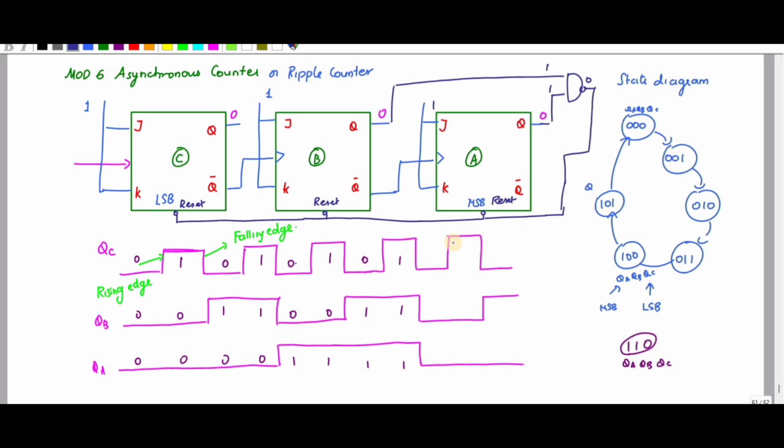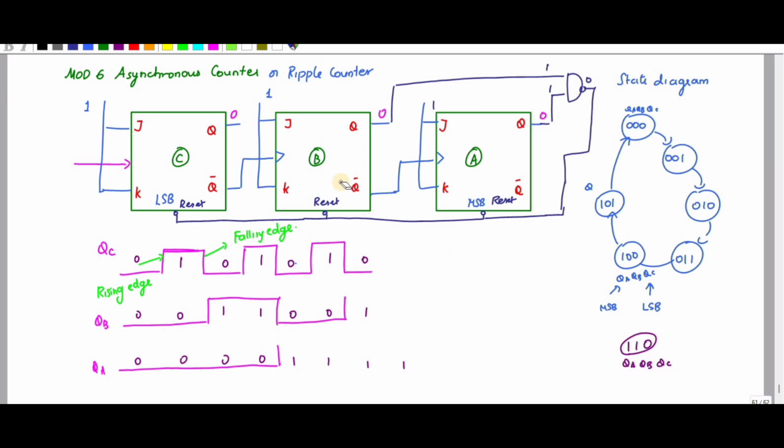So whenever it tries to reach 1 1 0, it goes to 0.